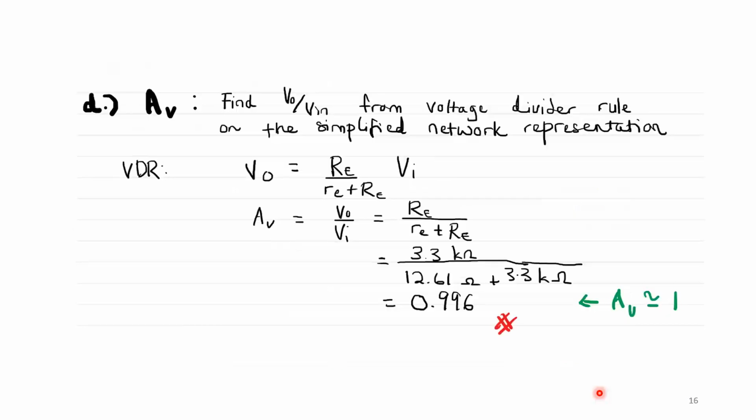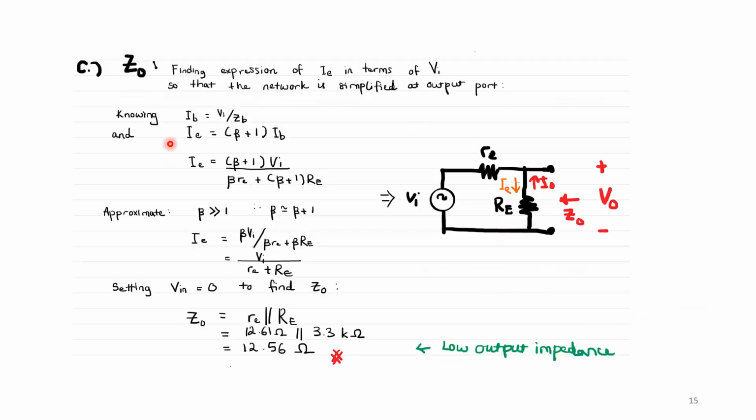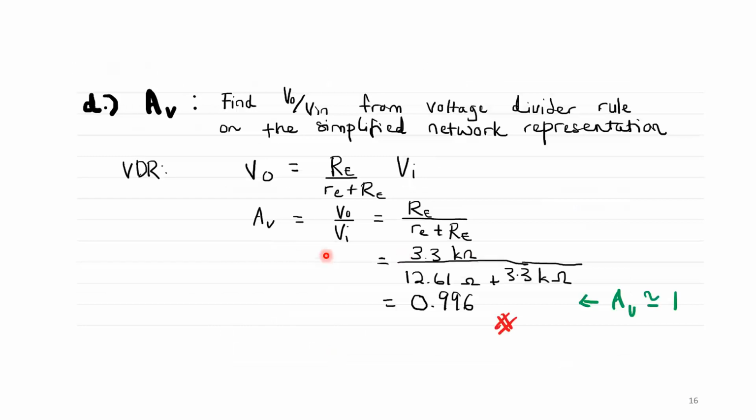And to find AV, we'll be using this simplified network. Okay, and from that simplified network, we do the voltage divider rule. Find Vout over Vin from the voltage divider rule on the simplified network representation. So with VDR, we have Vout equal to emitter resistance RE divided by the total resistance in the simplified network times Vin.